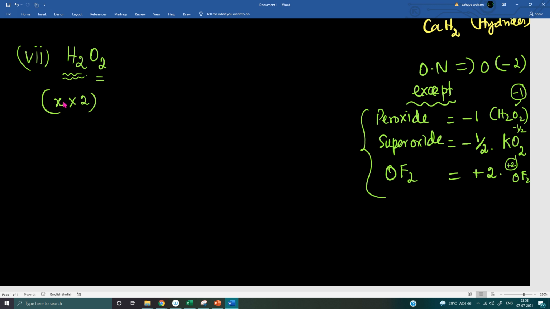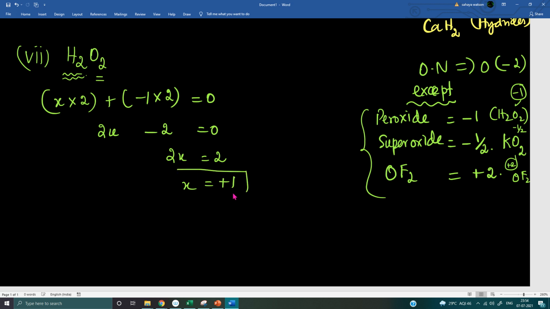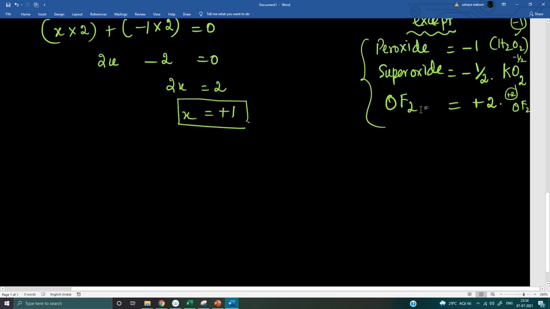X into 2, we don't know the oxidation number of hydrogen, plus, since oxygen is in the form of peroxide, the oxidation number of oxygen is -1. -1 into 2 equals 0. 2x minus 2 equals 0. 2x is equal to 2 and x is equal to +1. So already we know the oxidation number for hydrogen is +1. It's proved.